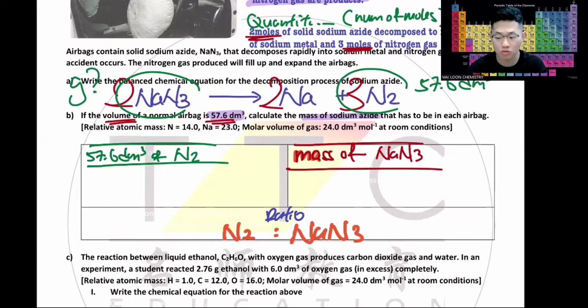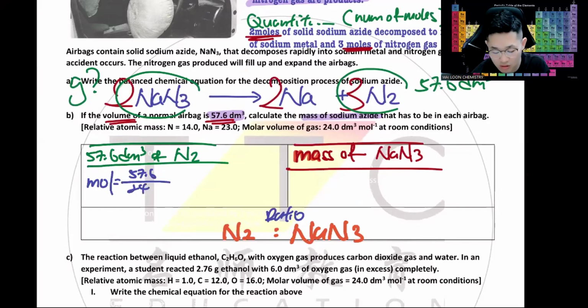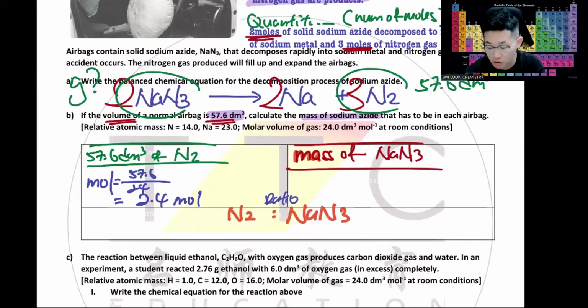In chemistry, you only have one thing to do, calculate the number of mole. So mole is equal to 57.6 divided by molar volume, 24. So I get 2.4. Okay, to do the ratio, the number in front of the N2 is 3, so I write 3 mole.